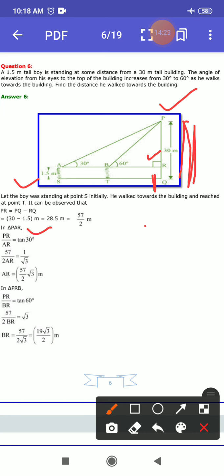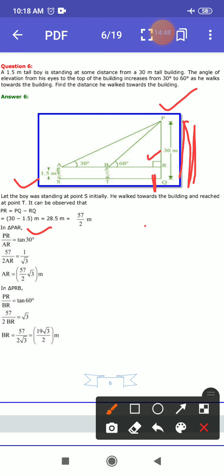OK, this is a triangle, and in this triangle angle R is a right angle, so you have to use the sin theta, cos theta rules in this shape. So you have to use the tan theta. So tan theta, that means theta is equal to 30. So tan 30 is equal to PR upon AR.